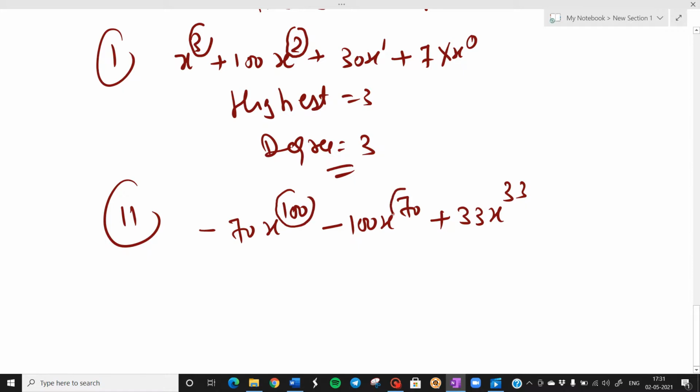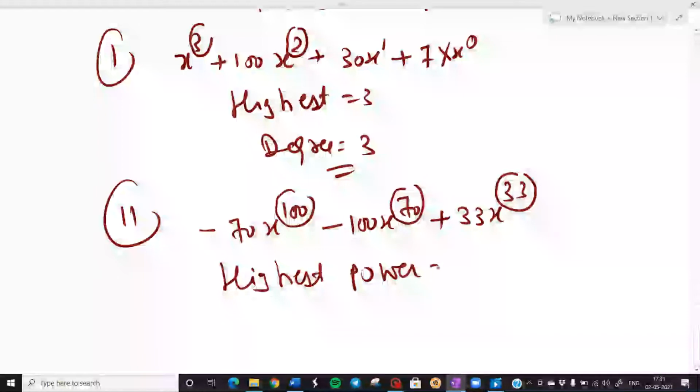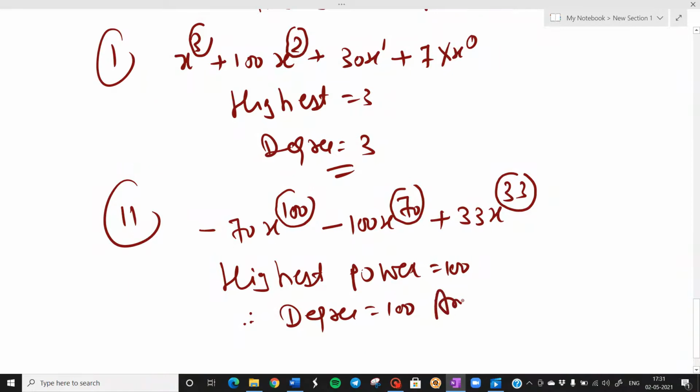In the second term, the power of the variable is 70. In the third term, the power of the variable is 33. So the highest power is 100. Therefore, the degree of this polynomial is also 100, and this is the answer to this question, right?